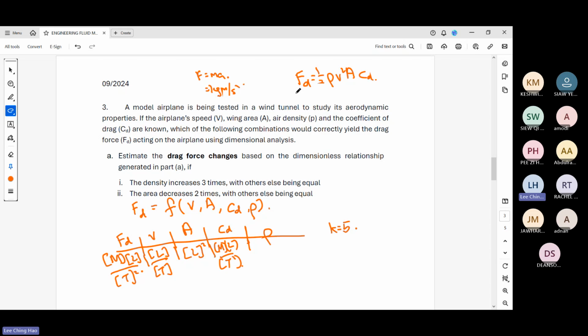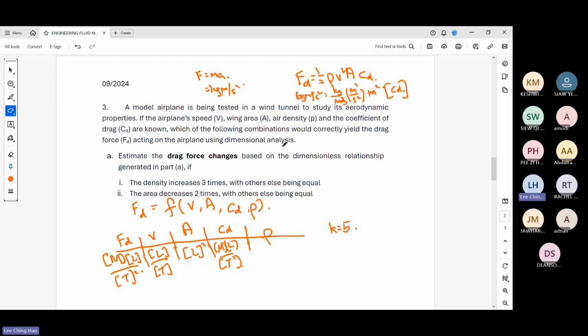This is Newton, or kg meter per second squared. Half is fine. Density is kg per meter cubed. Velocity is meter per second, squared. Area is meter squared. Then this is the unit for C_D.